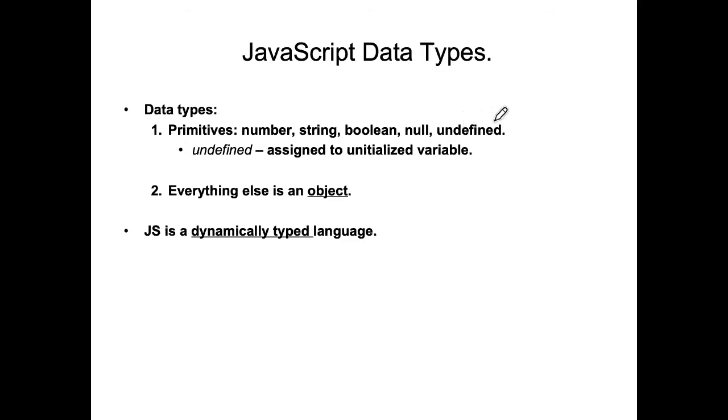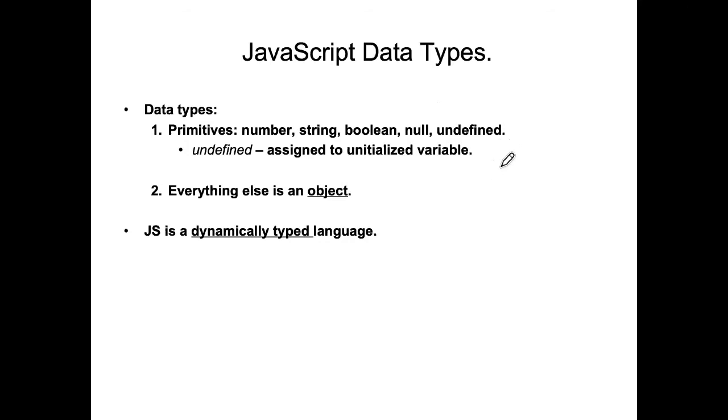It's not a very useful value, but it is a value, and it is different from null. It's one of the peculiarities of the language, really. JavaScript has a number of peculiarities associated with it. That goes back to the fact that it was designed by Brendan Eich over a very, very short period of time. So it has quirks in it for sure. Undefined is arguably one of them.